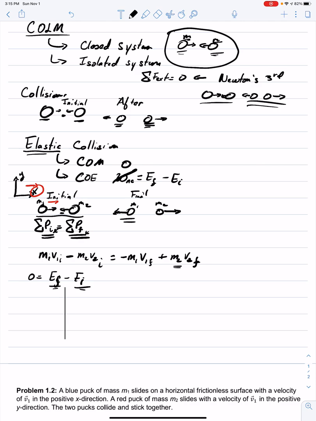Instead of looking at these blocks in momentum, we can identify them as kinetic translational energy. Let's write kinetic translational energy for 1, the first block, and kinetic translational energy for 2. Initially, we have 1/2 mass 1, velocity 1 initial, squared, using the mass and the initial velocity of that first mass.